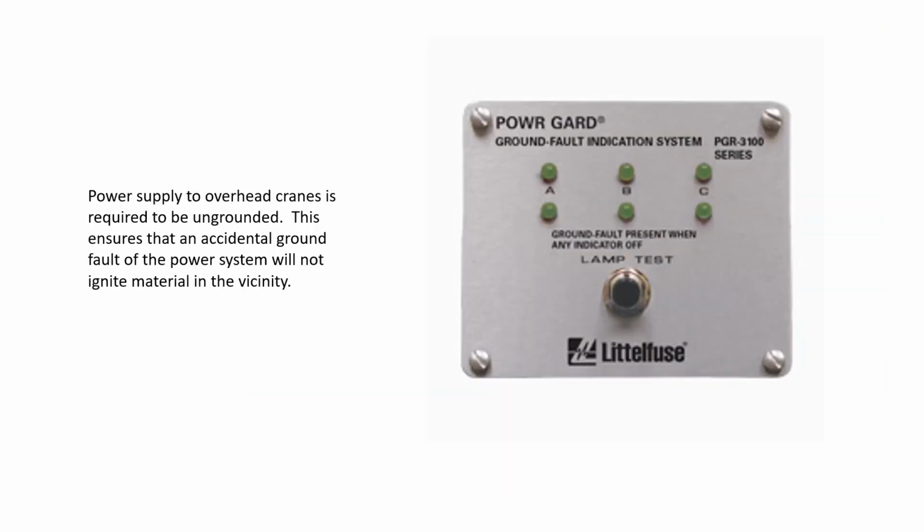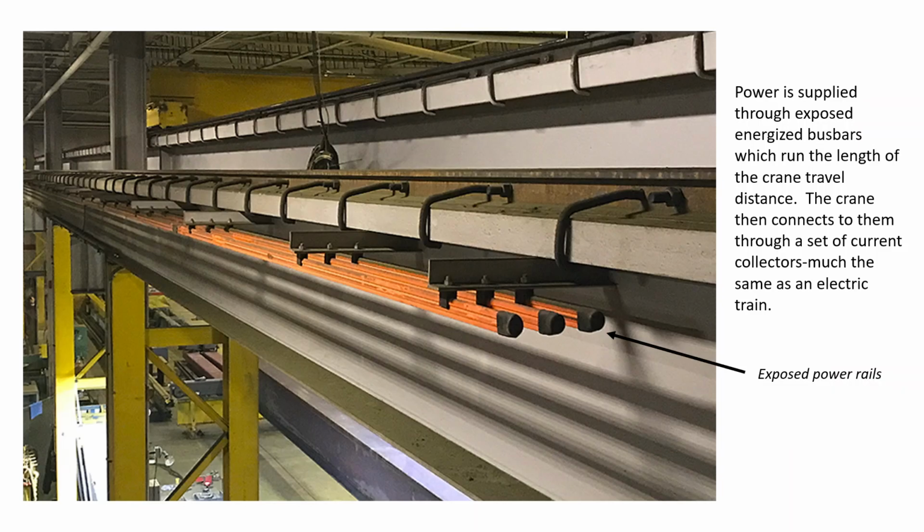The power supply to these overhead cranes is required to be ungrounded, and this ensures that an accidental ground fault of the power system will not ignite material in the vicinity. And so we need to have a ground fault indication system connected. Power is supplied through exposed energized bus bars, which run the length of the crane travel distance, and the crane then connects to them through a set of current collectors, much the same as an electric train.